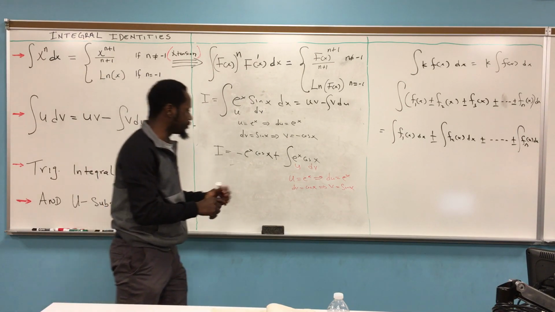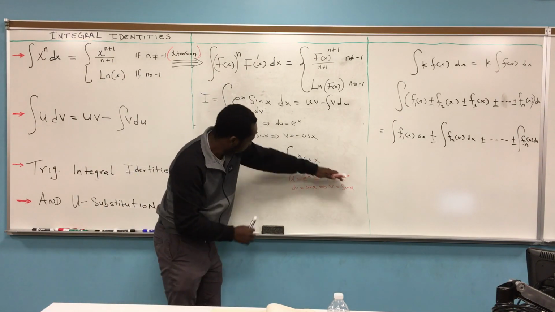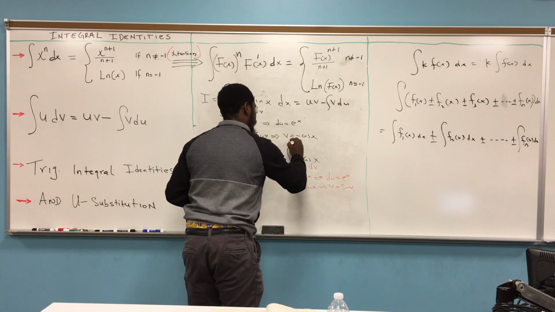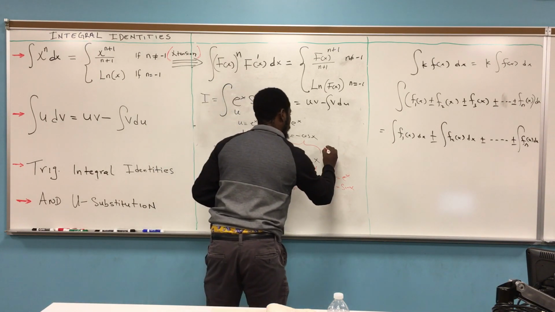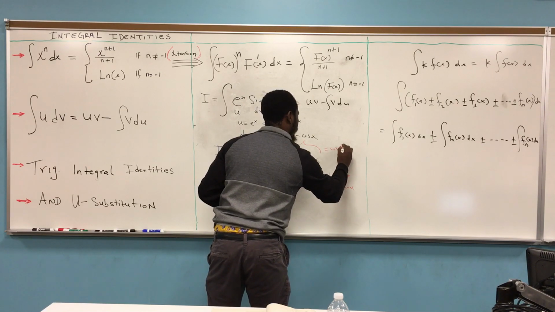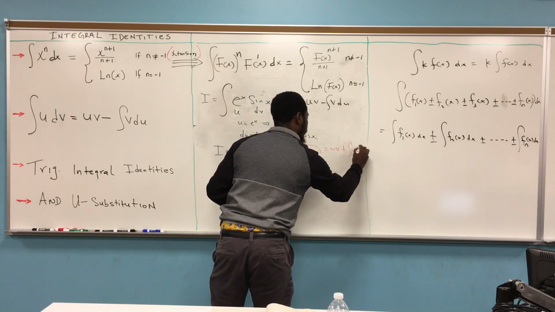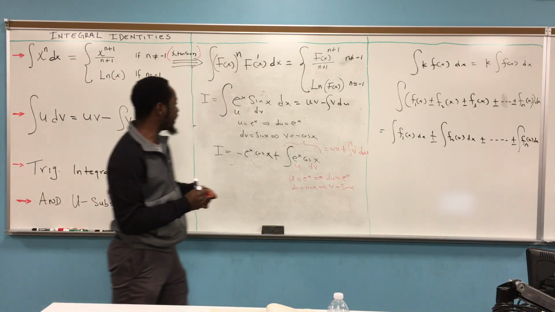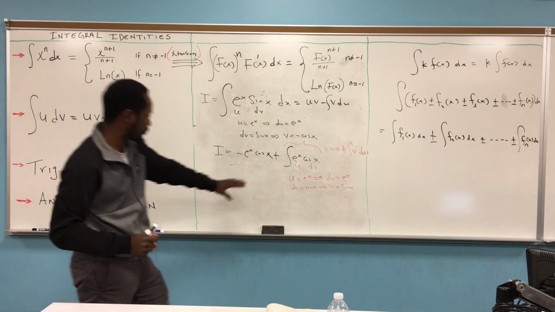Now I will continue by solving this portion, uv plus integral v du. So this portion is going to give me this again, but using this, right?